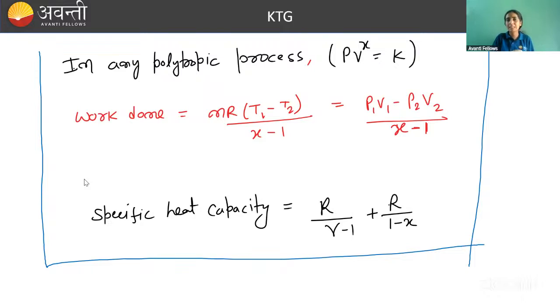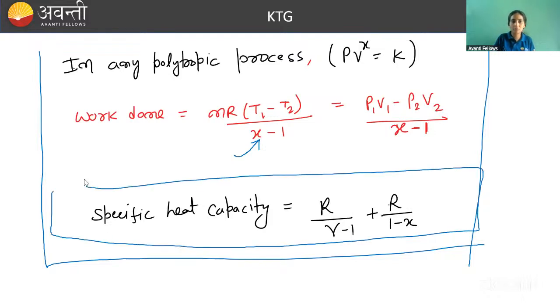And here I am saying कि इसका general equation will be PV^x equal to constant. So here work done formula will be same as adiabatic process, only difference is in place of gamma we are keeping here x. ठीक है? So just remember this thing. Again, this is not significant for your thing. So I just included in case you want it, but it's not required. Leave it here. ठीक है? यहाँ तक देख लो, इसको रहने दो.